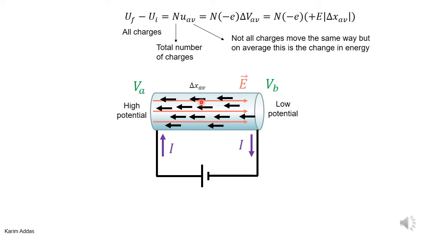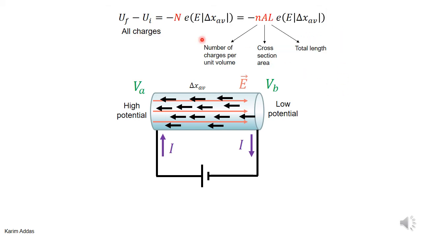But if we think about the average motion, we can say on average the electrons move some distance delta x average. Same argument we did before in the case of the battery. So we can say that the difference in energy between the two configurations is the number of free charges, times the charge of each charge, times the potential difference between two points where you're taking the average distance that the charges move through.